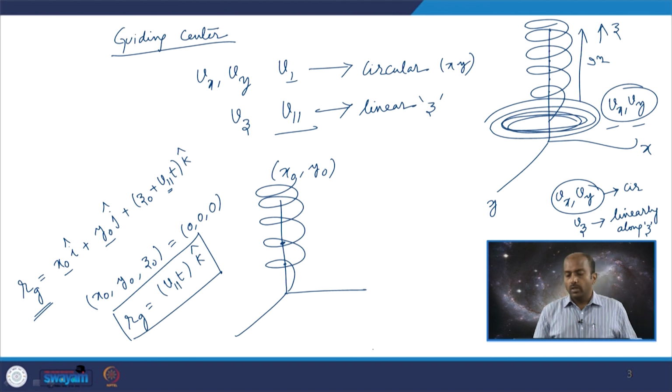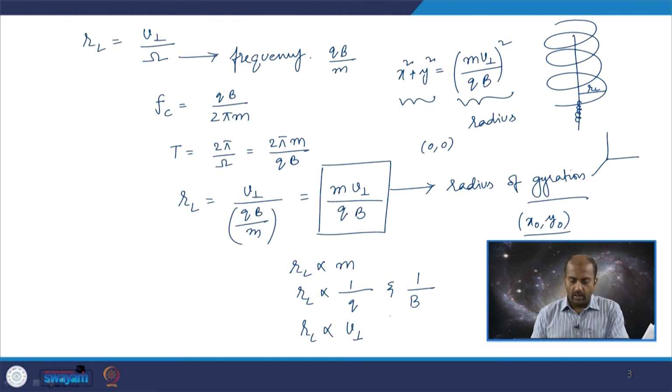Now, most importantly, comes the circular motion of the particle and the particle's polarity. Here we have seen that the mass of the particle comes into the picture to influence RL. RL was defined as m v perpendicular by qB, and omega is qB by m.